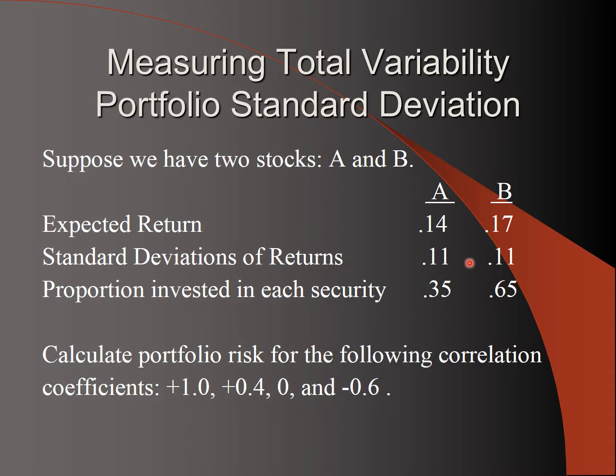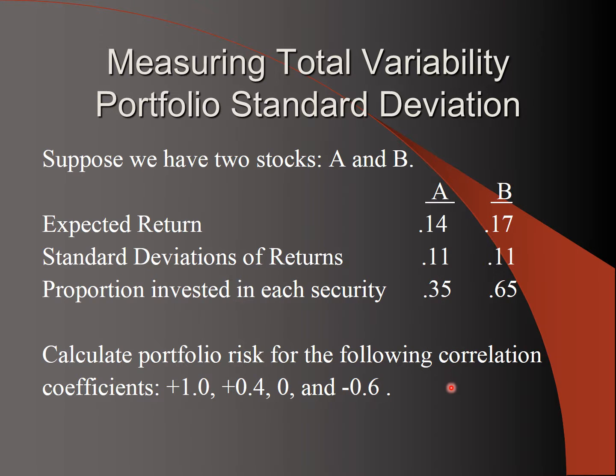So in terms of absolute variability, they are identical. They're both 11%. We have 35% of our money invested in stock A and 65% of our money invested in stock B. So this is going to serve as our weights.